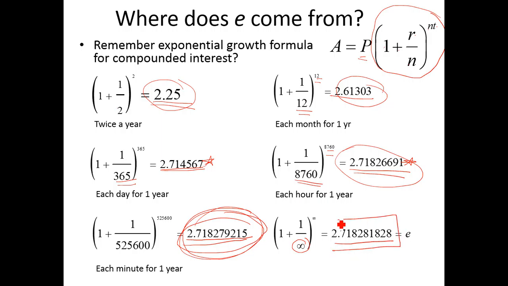This is what E is. Check that out. We were building our way there by increasing the number of times we compounded per year. So with that in mind, that's how E was sort of discovered, if you will, or E became useful when we talk about continuous compounding. So that means growth every chance, every opportunity, every millisecond of the year.